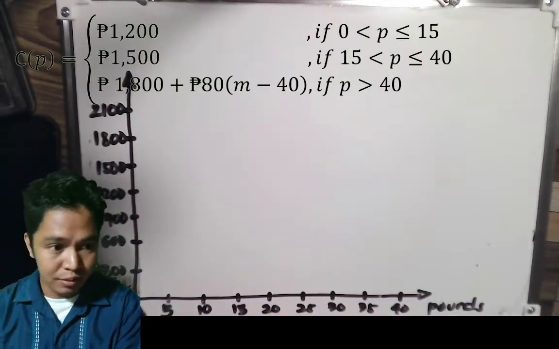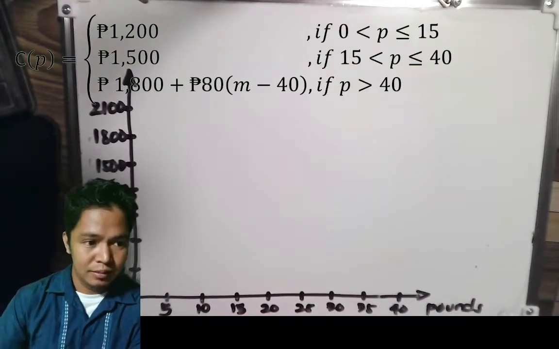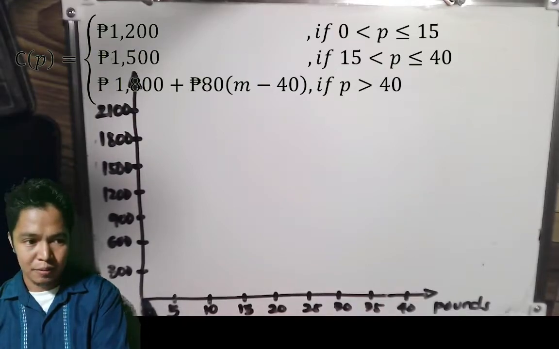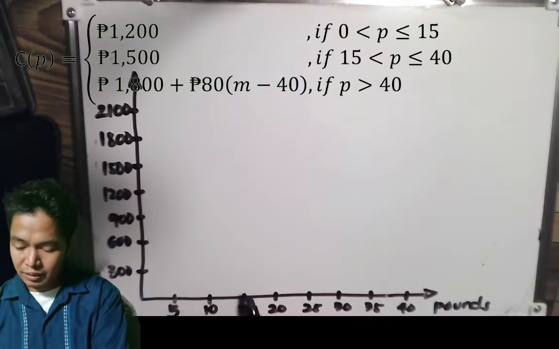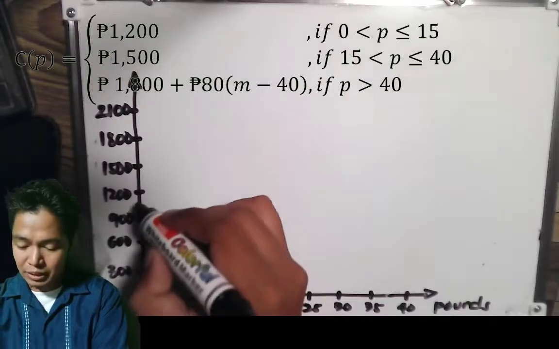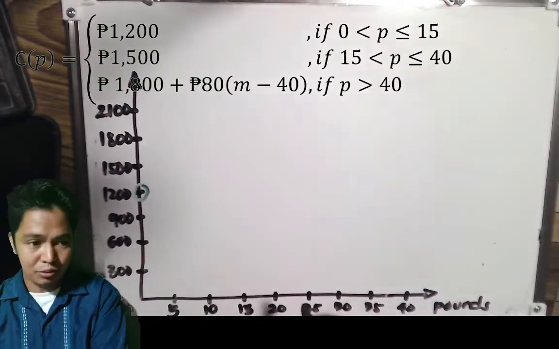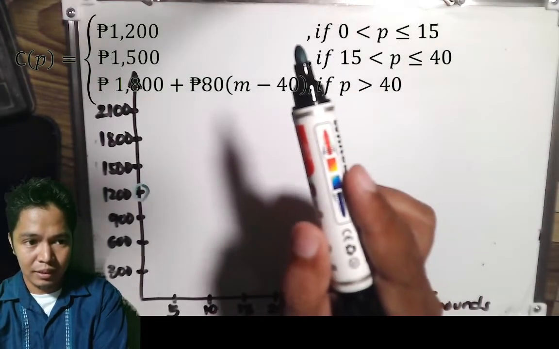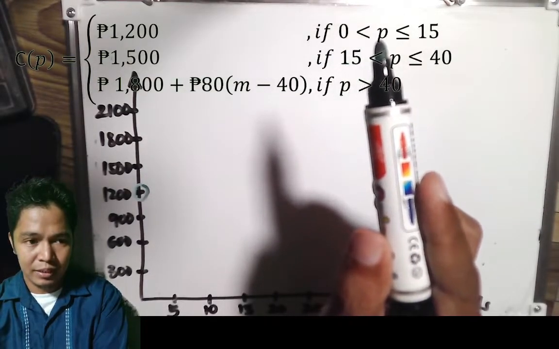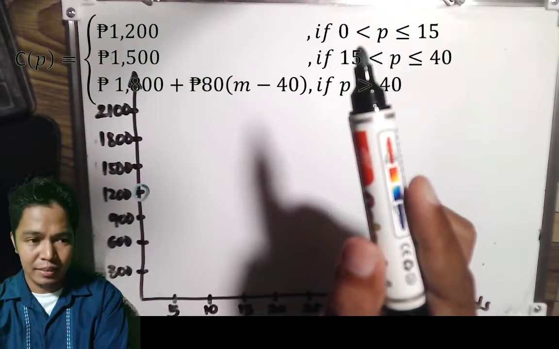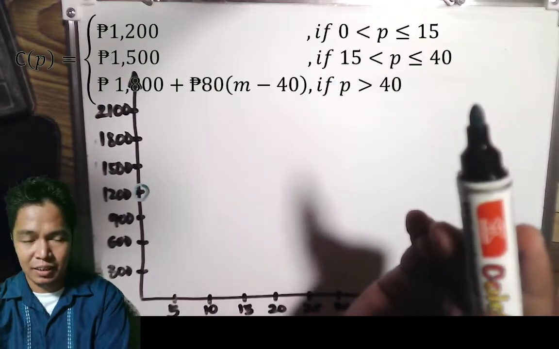So, yan. First is yung kapag ang domain natin ay 0 to 15. So, from 0 to 15, hanggang dito. Since 0, ang cost natin is 1,200. So, ibig sabihin dito tayo. So, 1,200, that is open circle, kasi ang value ng p ay greater than 0. So, ibig sabihin exceeding 0.